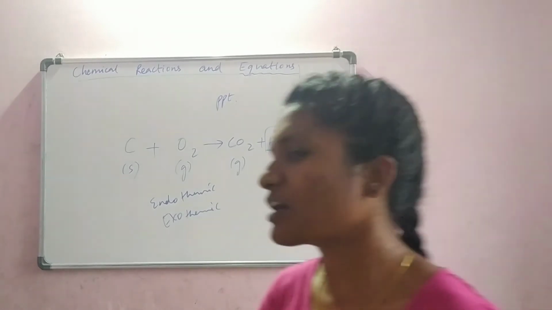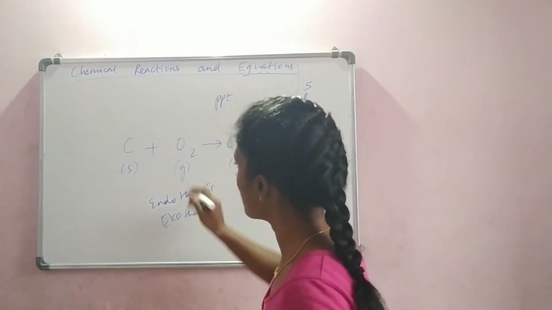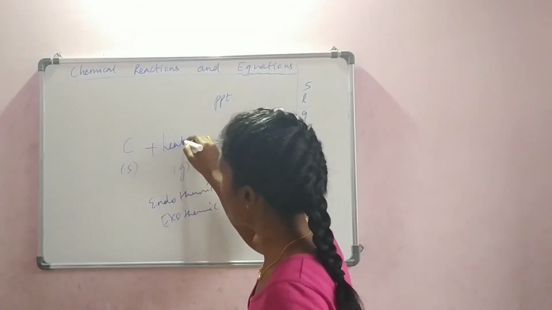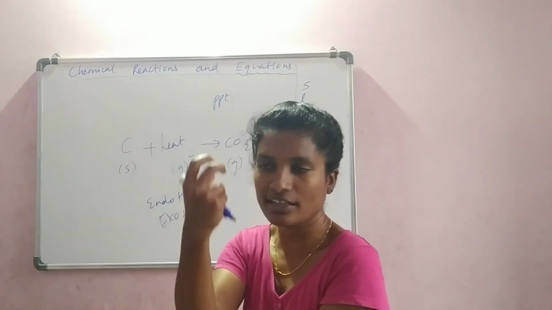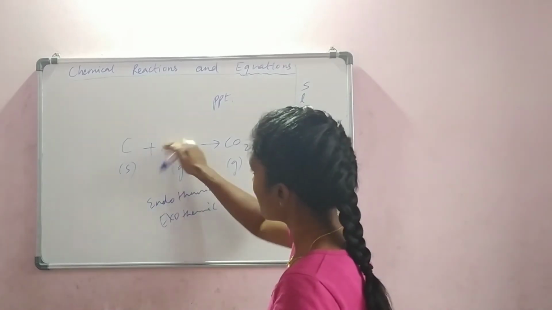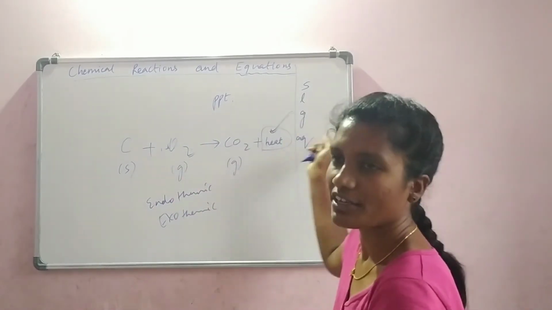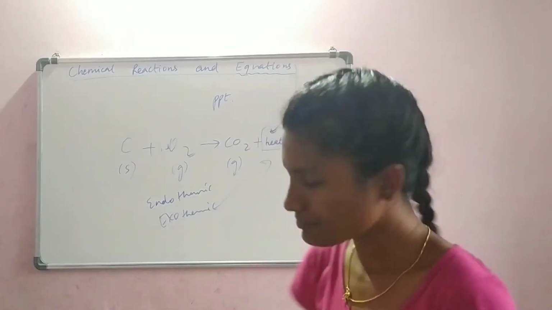Yes, it is exothermic because we are releasing heat to the outer environment. If your reaction is consuming heat, if you absorb heat, that is endo, it is going inside. If you are releasing heat, it is going to the outer environment. This is exothermic. Okay, next.